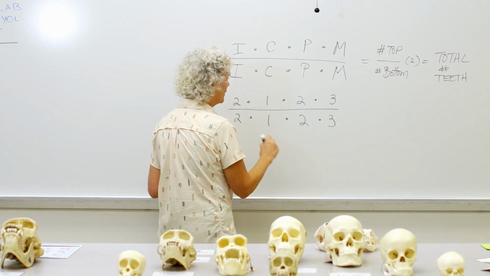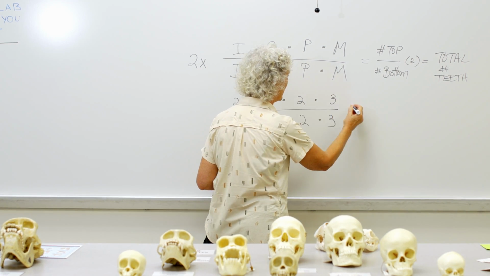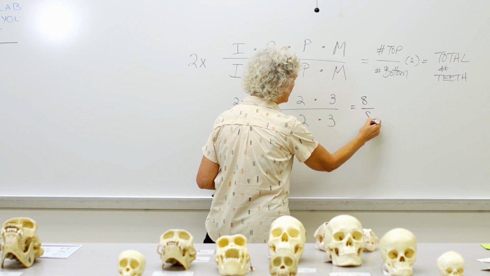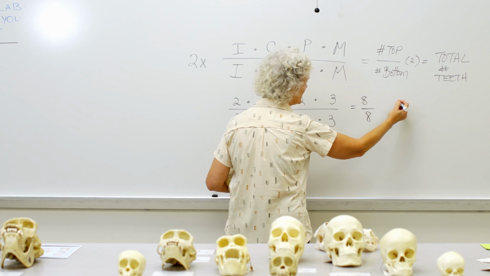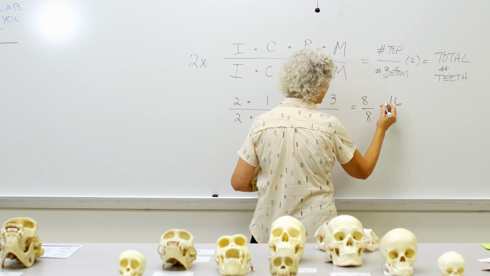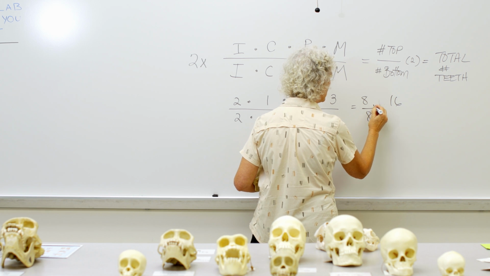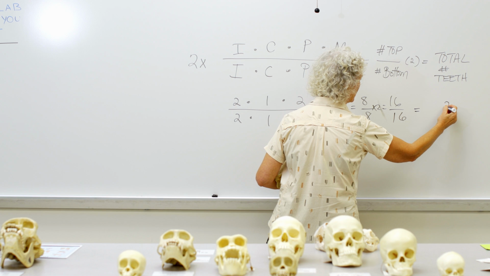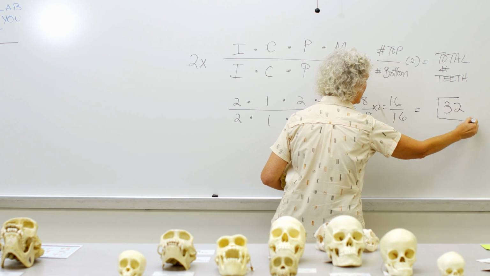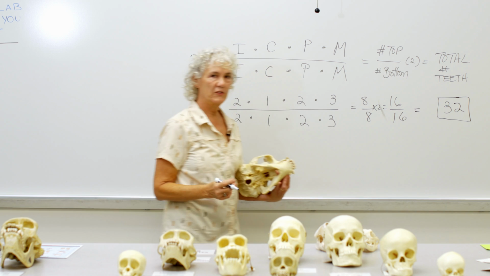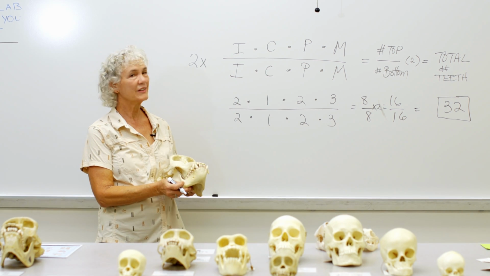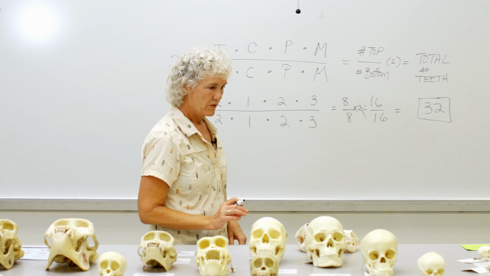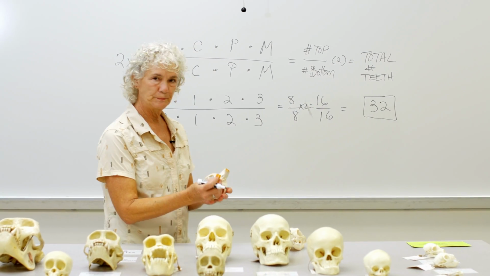So this would be 2, 3, 5, 8, and this would be 8 also, times 2, so that'd be 16. Whoops, I should have written it out. Times 2 equals 16 over 16. And then that's going to give me 32 total teeth. Now, if you notice, that's very similar. It's the same as humans. Right? Okay. The next one we're going to do is a beaver.